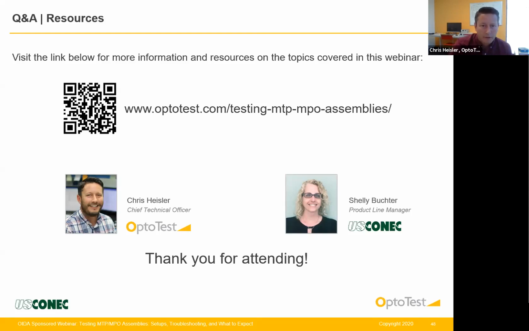We have another. Can we get an overview of specifications, measurement uncertainties for IL and RL for the different methods? That's a good question. It's a long answer. For the two methods that I showed, I can't give exact uncertainties on these, but the single-sided measurement method is probably the most accurate method because you get insertion loss and return loss on each side.